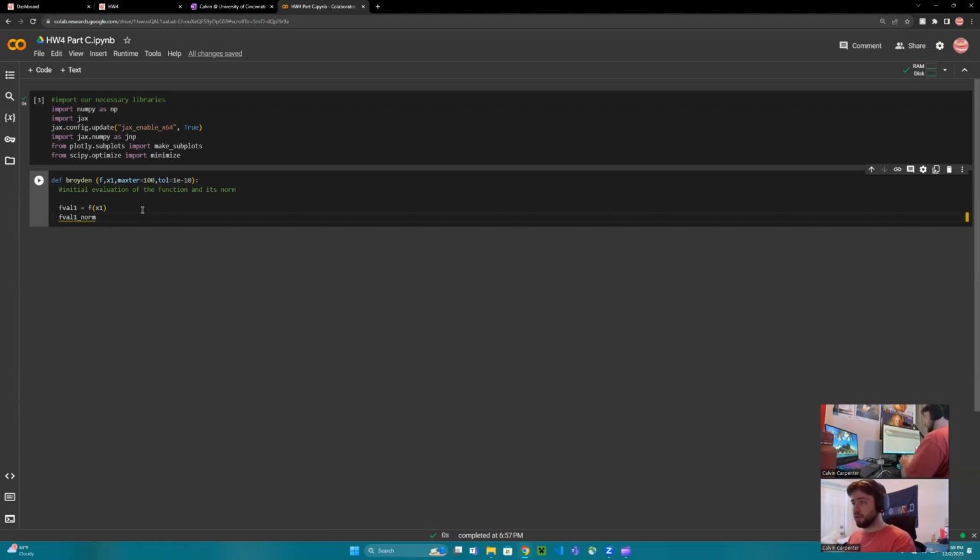Final value 1 norm is equal to JNP dot linalg dot norm function of fval 1. So this is the one that's going to be evaluated.